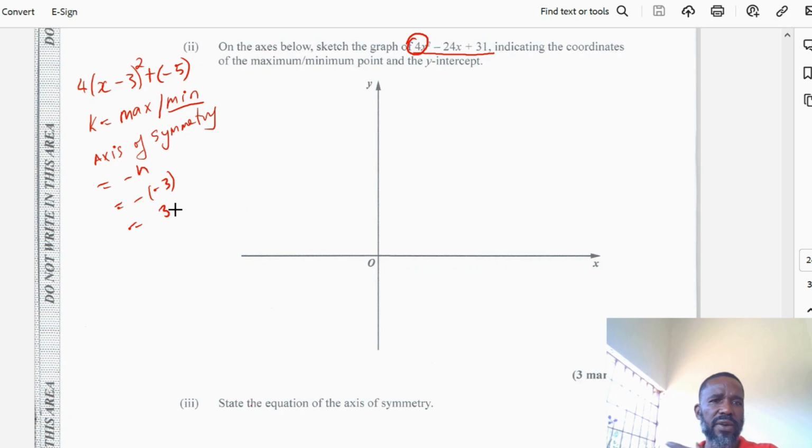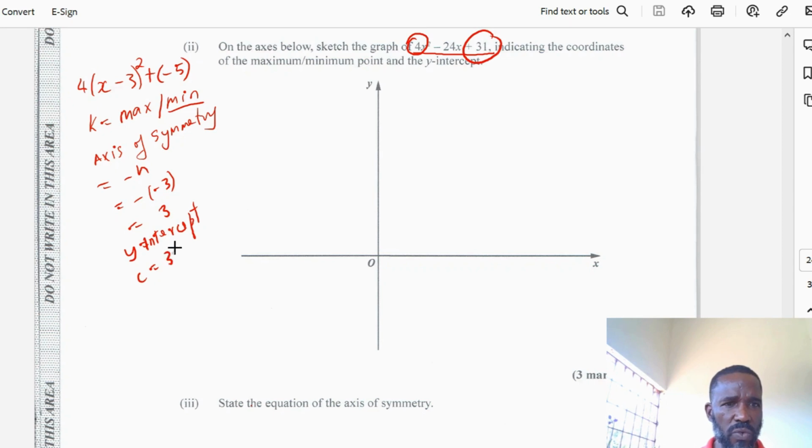So we need to know that. And our y-intercept is always equal to our c value, and in this case, our c value is equal to 31. So we're going to use all that information here to sketch the graph. Again, it's a sketch, so we just assume.